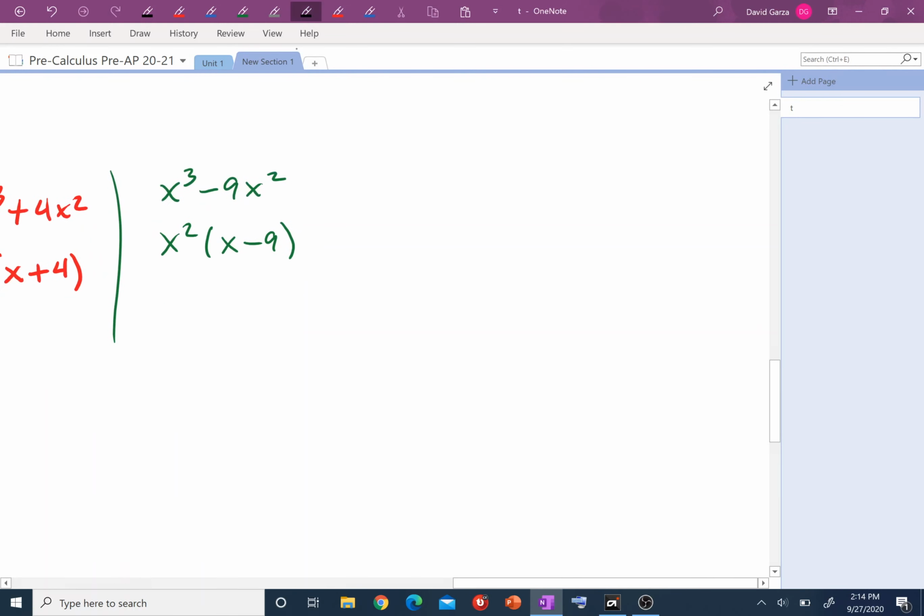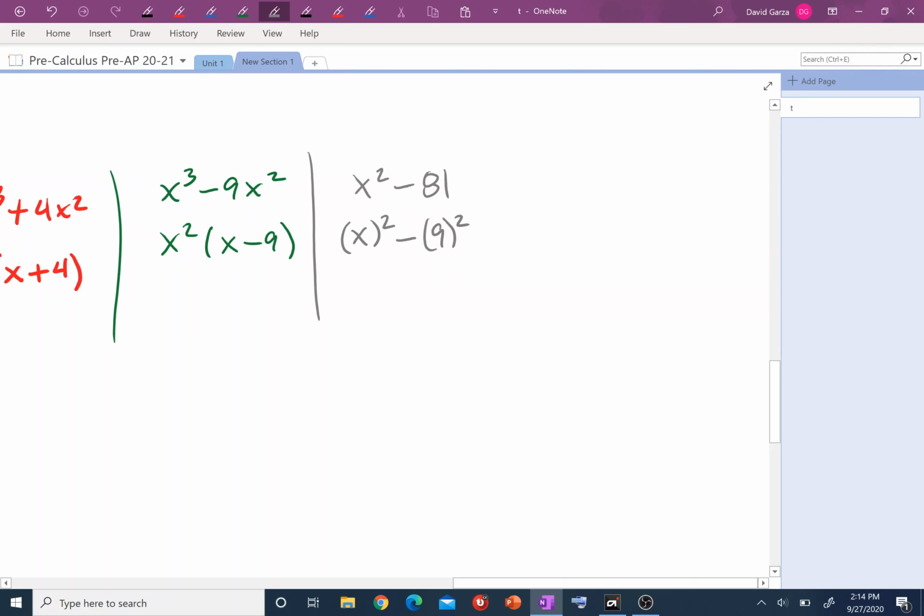I'll write it in gray here. Now, one thing to keep in mind is whenever you see a square value, you should immediately think, can I use the difference of squares formula here? In this case, this can be rewritten as x to the second power minus 9 squared, right?